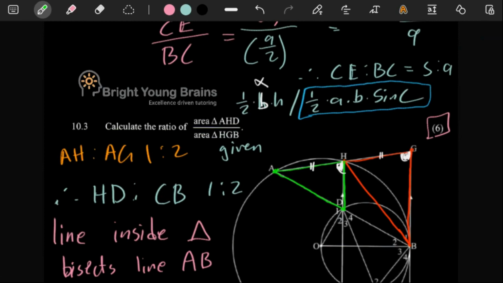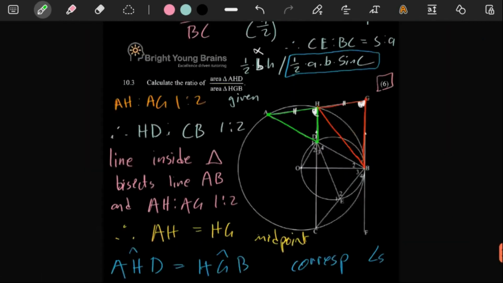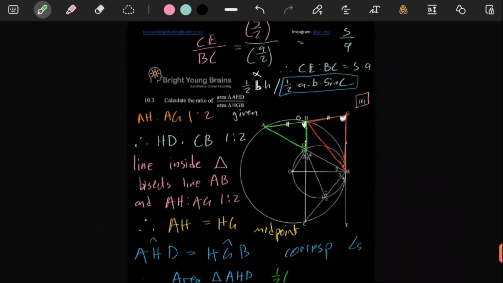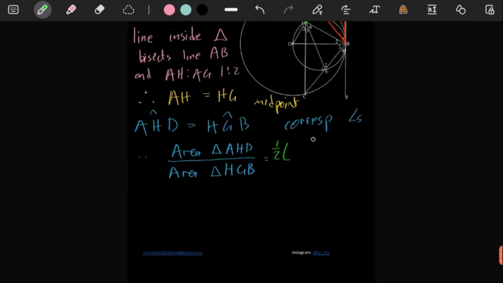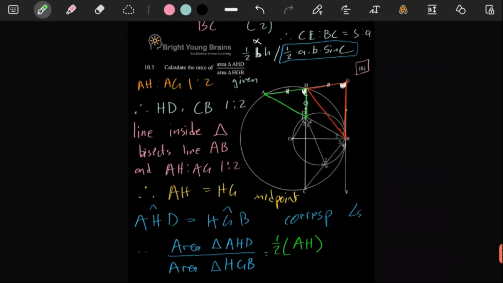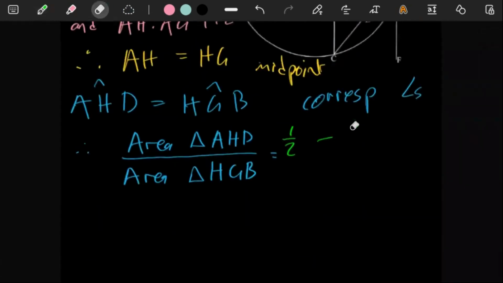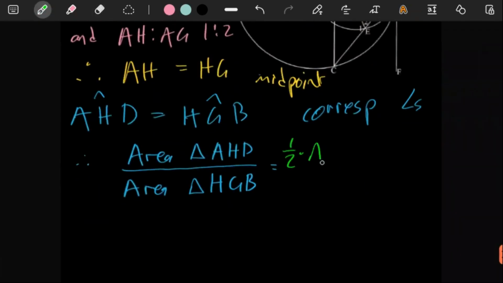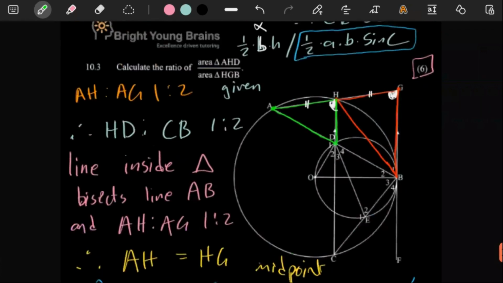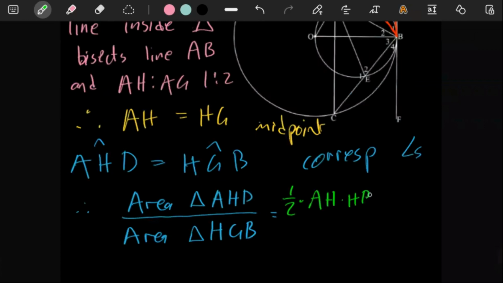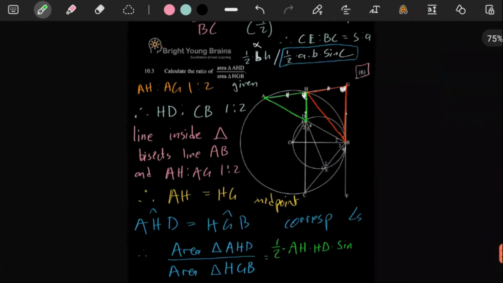Same for the red one. So for now, let's write here a half multiplied by one side, which we can label AH, multiplied by the other side, which we can label HD, multiplied by sine of the angle there.